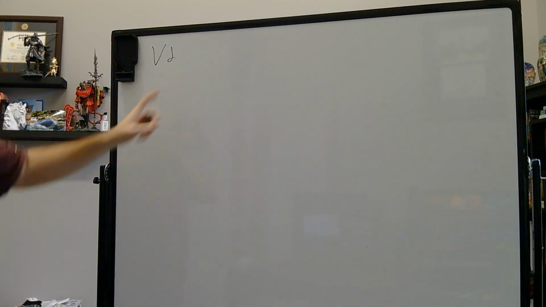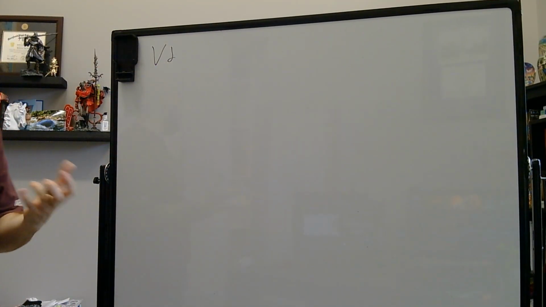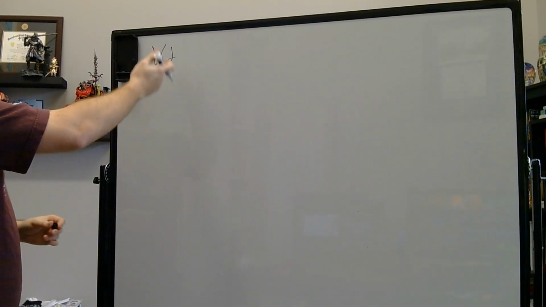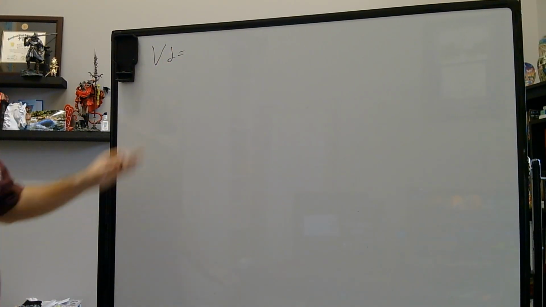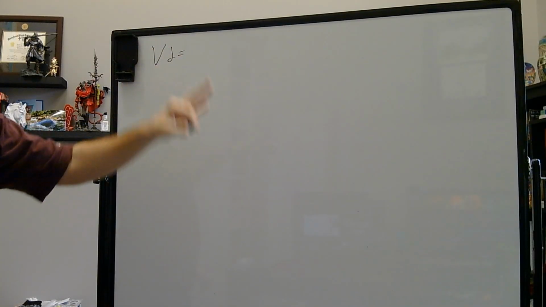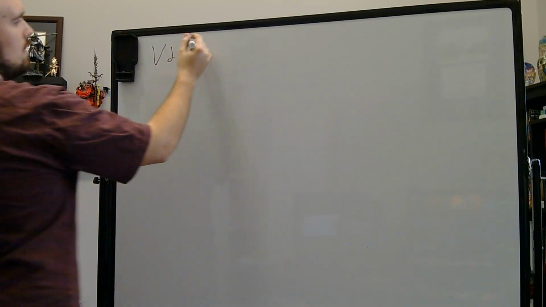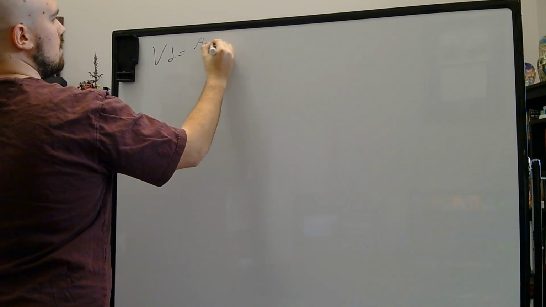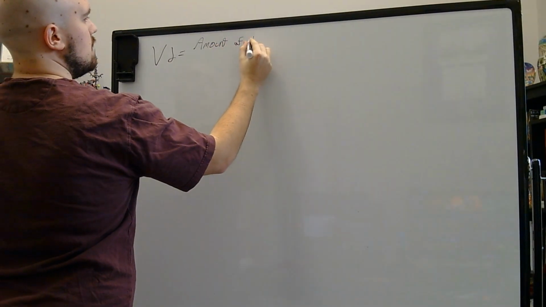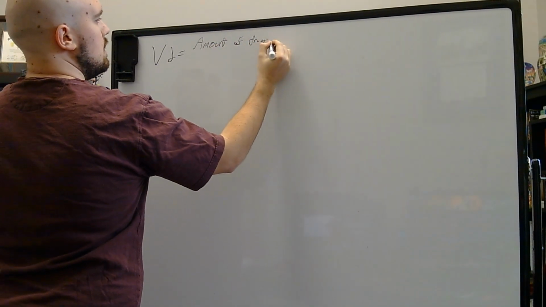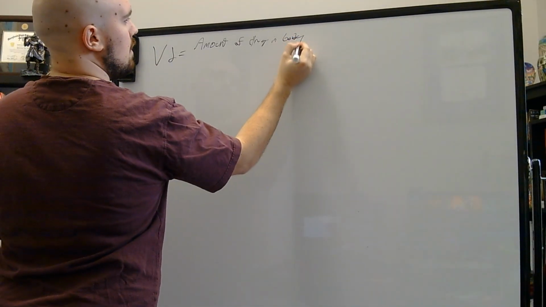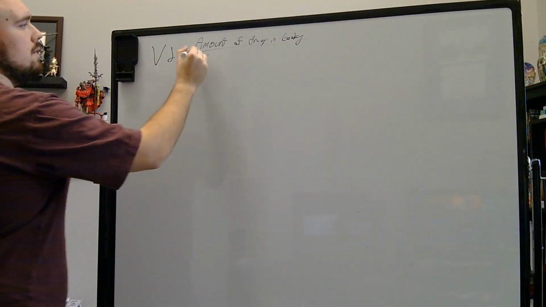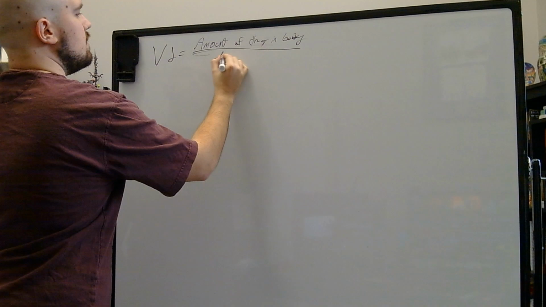I always write VD, because some people write V, just volume. So volume of distribution is the amount of drug in the body divided by the plasma concentration of the drug.